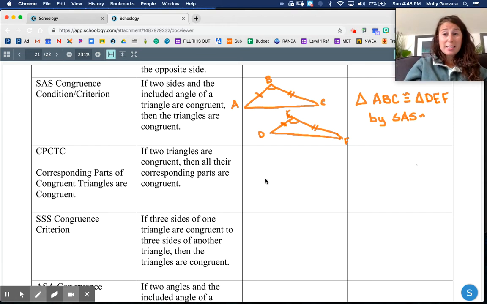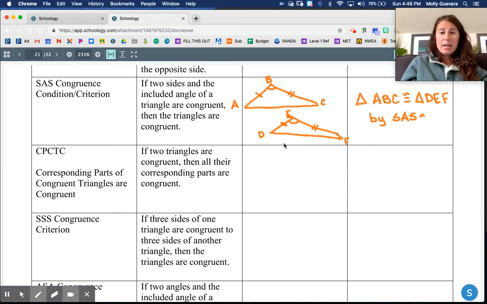Do I know what these side lengths are? No, and it doesn't matter because I have the tick marks. That's enough information for me to say that they are the same. I don't need to know what the actual length is. Same thing with the angle. All I know is that angle B and angle E are the same. I don't have to know actually what the angle measure is.